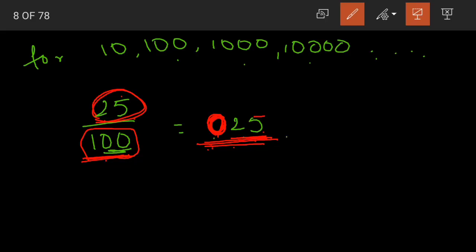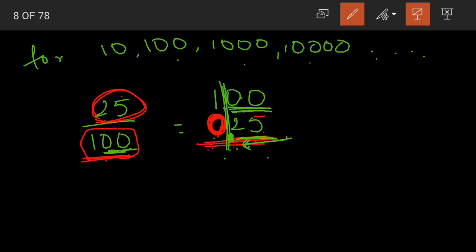So in this number 025, we have to place a decimal point after 2 digits from the right side. Understood, children? In 100, see, if you write 100 above the number, where do the zeros end? Zeros end here. So even in this number, put a decimal point at the place where the 0s end. Here we are having 2 zeros, so we are putting a decimal point after 2 numbers.